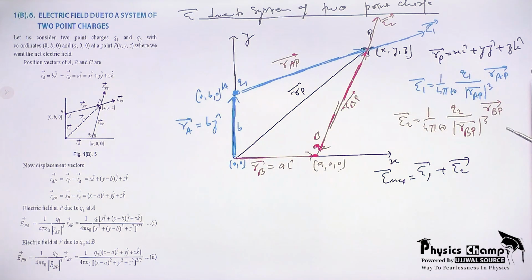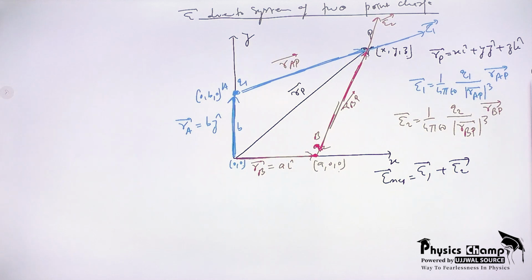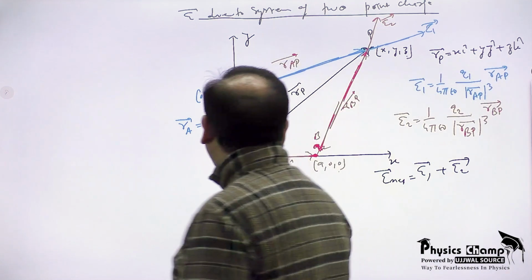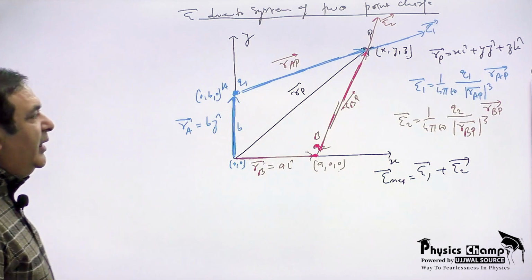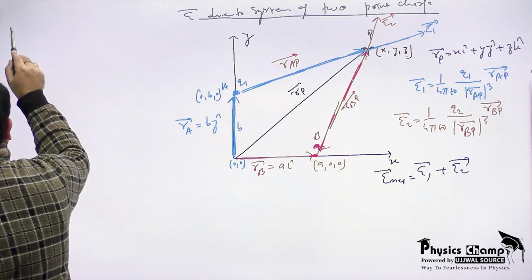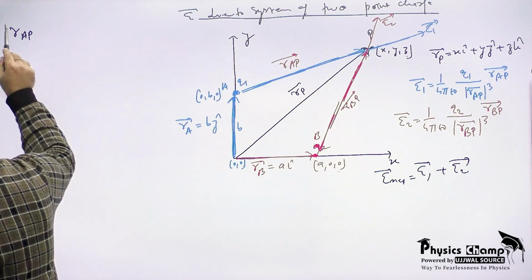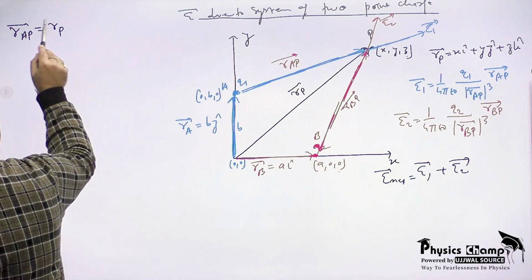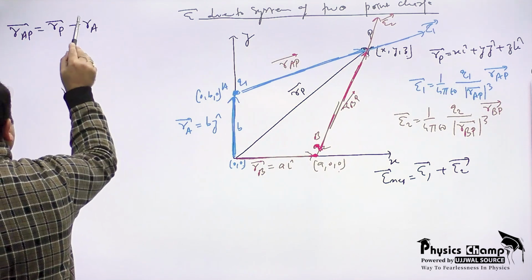Now going further, let's write these displacement vectors RAP and RBP in terms of position vectors. If I write RAP vector, it will be RP vector minus RA vector.